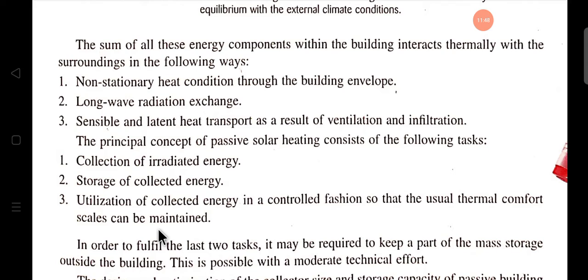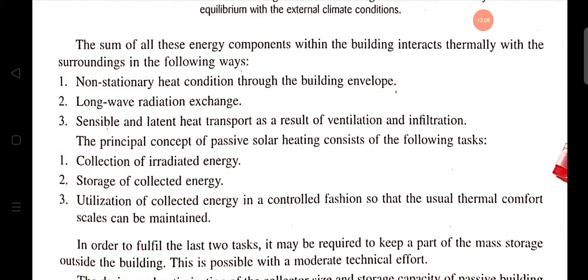That means the energy which we store from the scattering of solar radiation is used in a controlled, needful manner.